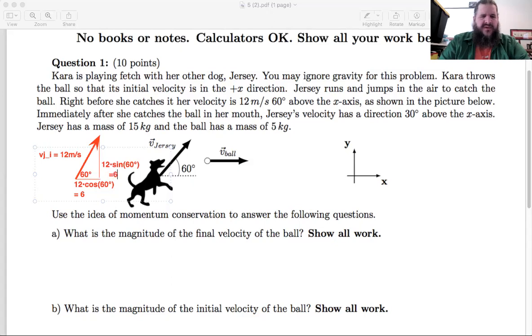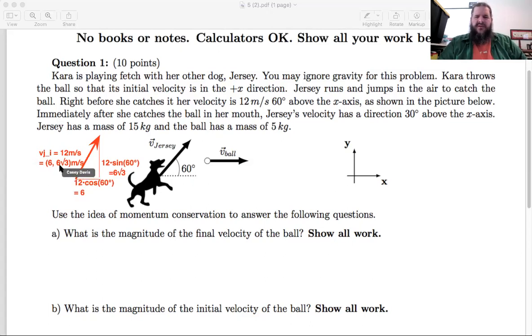Yeah, so that just becomes 6 root 3. So that means our initial velocity of the dog can be written as 6, 6 root 3 meters per second. So that'll be the initial velocity of the dog.